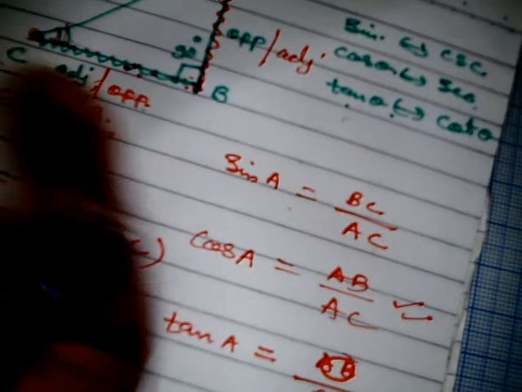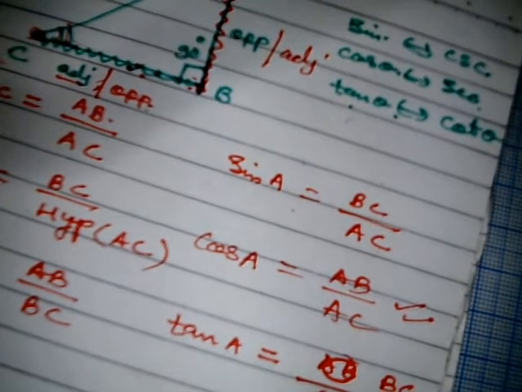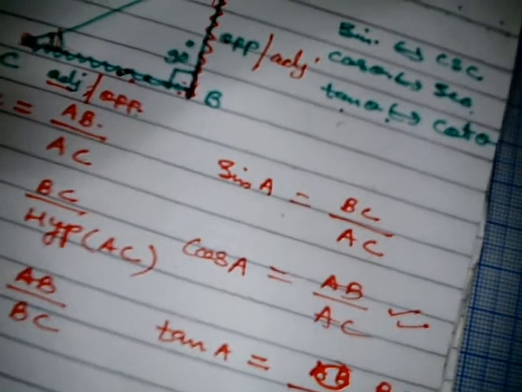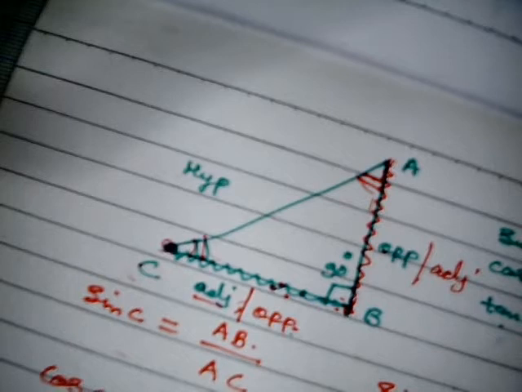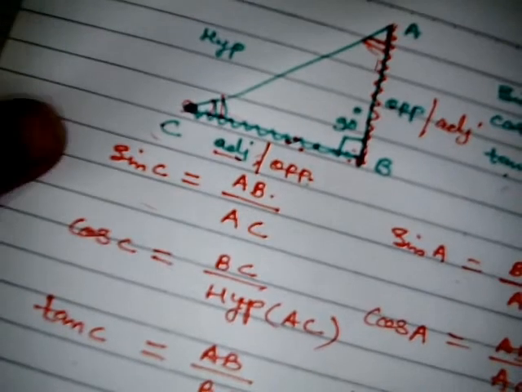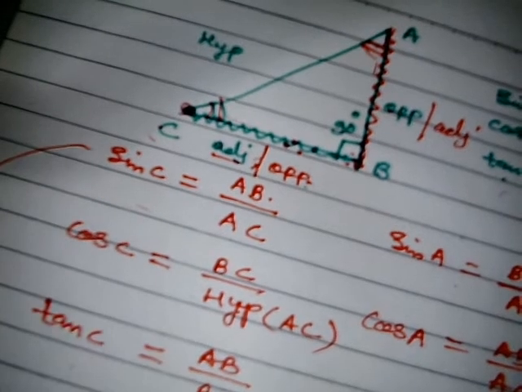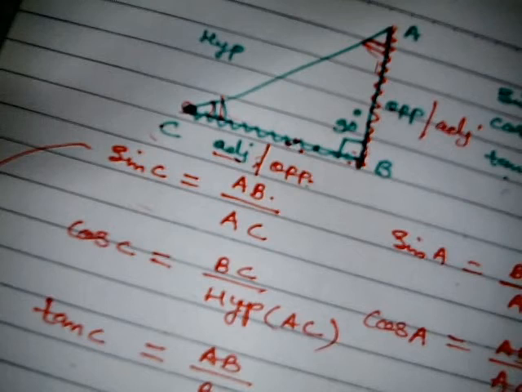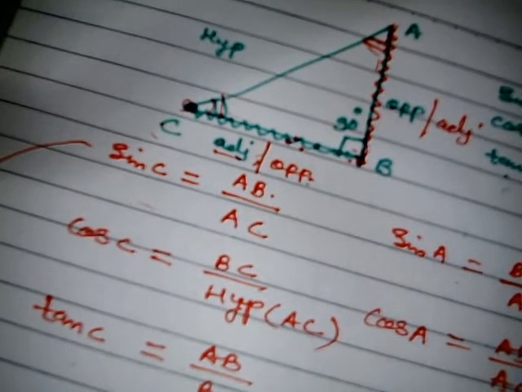Okay. Now if you know these three, sine, cos and tan, you can calculate cosec, sec and cot, because cosec is the opposite of sine. I am going to write cosec near sine.